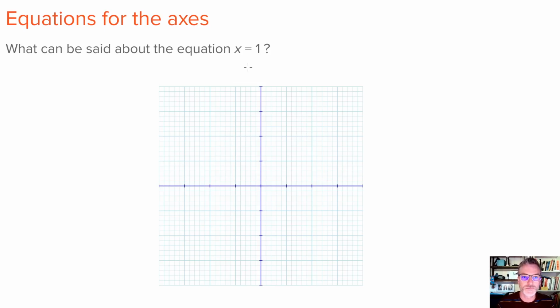Okay, a few other points to raise here about the Cartesian plane. Here's an equation. If I were to graph that equation, what would it look like? Well, it would have to be fixed at x equals 1, but you notice that there's no y variable involved. So that means that y could be anything. It could be 1, it could be 2, it could be -3.